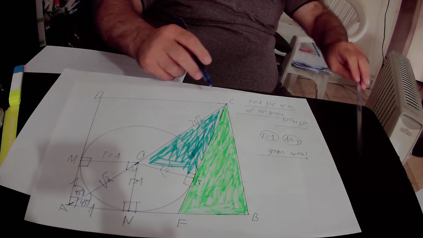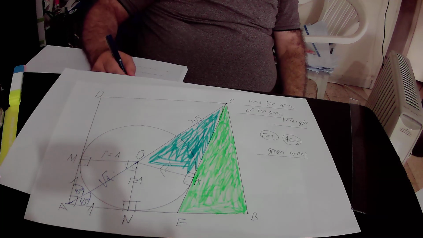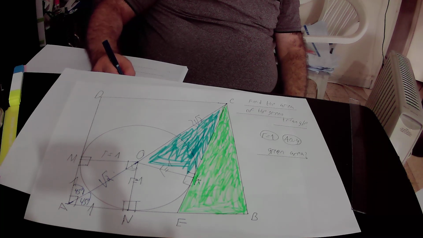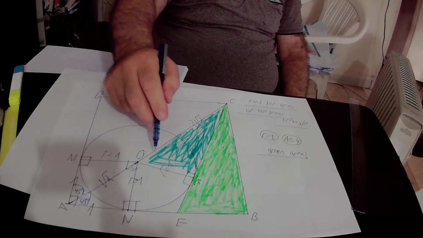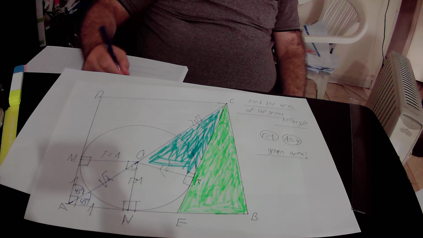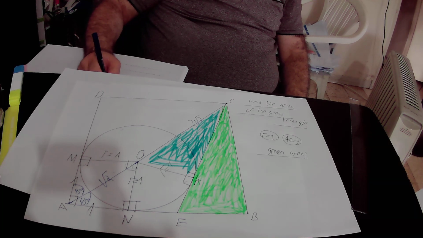The hypotenuse in the right triangle COK is CO. Therefore, the square of the hypotenuse is CO squared, and it equals the sum of the squares of the perpendiculars. That is to say, it equals OK squared plus CK squared.